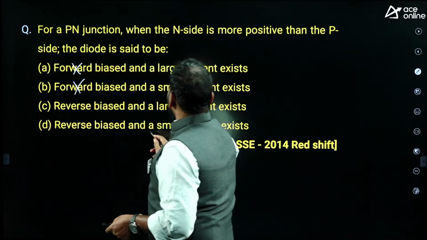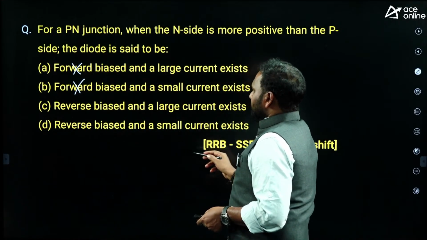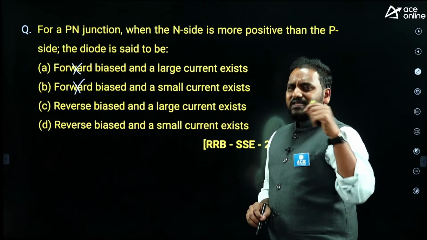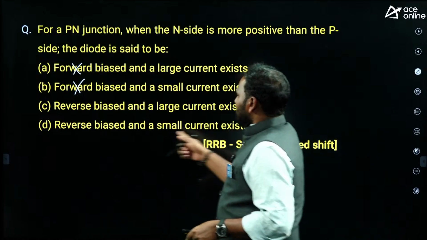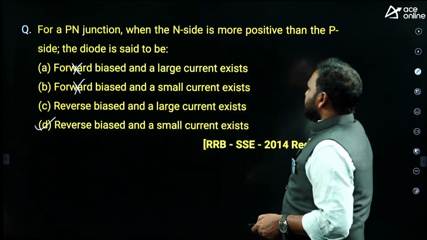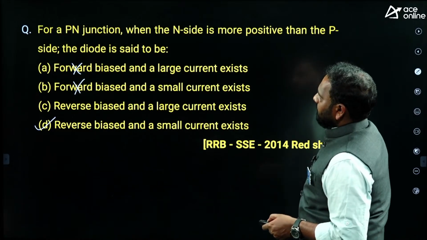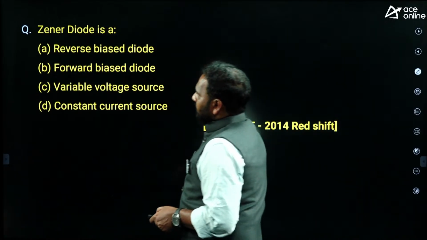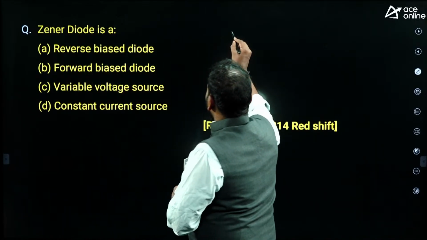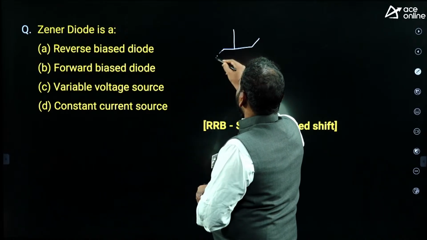In reverse bias, the current is I naught, nanoamperes, leakage current. That's why he made this question: reverse bias and small currents exist. A Zener diode is a reverse biased diode. We always use a Zener diode in reverse bias.